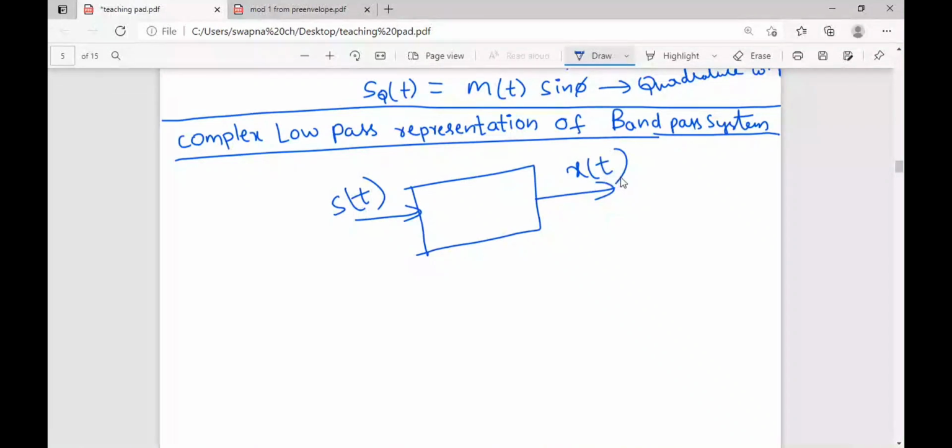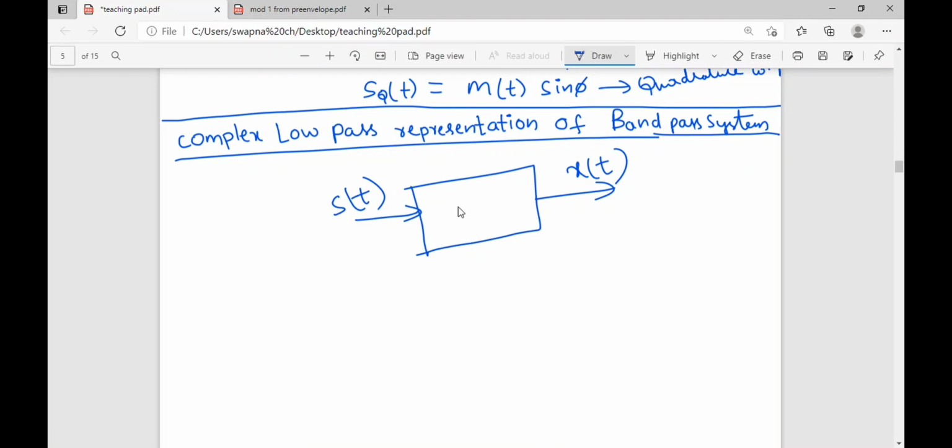Don't get confused with this. These are the standard notations which we will use in modulation and demodulation, transmitting and receiving. That is the reason I'm using the same standard signals. So s of t is the input given to the system, and x of t is the output of the system.